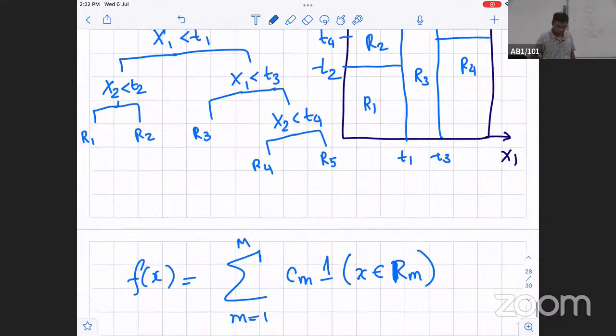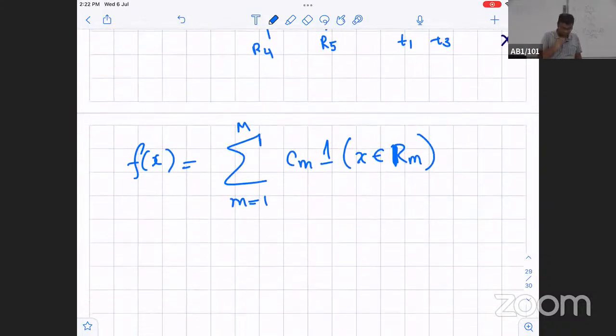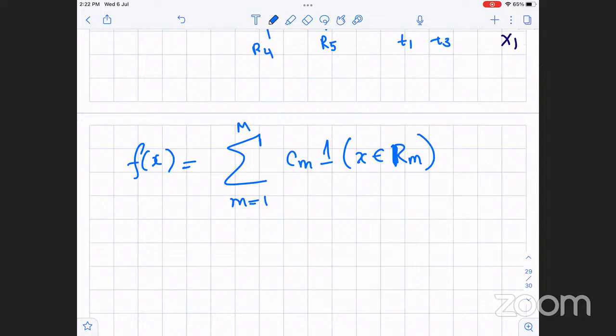So what should be my goal? What should I minimize? If it's a regression problem, you have to minimize the least mean square error, the error sum of squares.